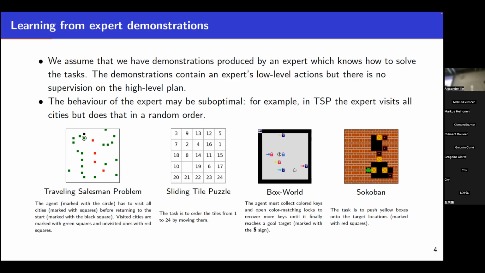So we are supposed to collect this gem that is marked with the $ sign, and in order to collect that, we need a blue key. But in order to collect the blue key, we first need to unlock the red lock. So we need to pick up the red lock and so on. And the Sokoban environment. In those environments, you really need to plan how to solve the puzzles.